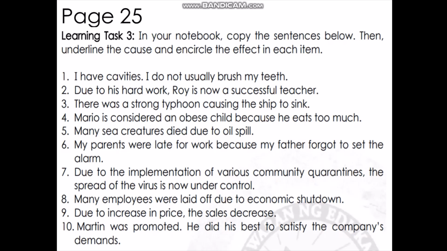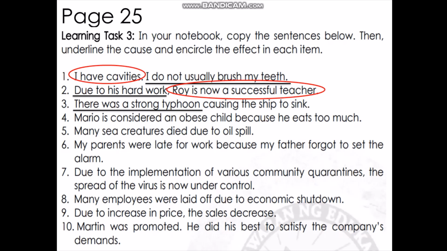So for number 1, the underline or the cause there is I do not usually brush my teeth. And the effect would be I have cavities. For number 2, the underline there is due to his hard work, and the effect would be Roy is now a successful teacher. Number 3, there was a strong typhoon. That is the cause, and the effect would be causing the ship to sink.